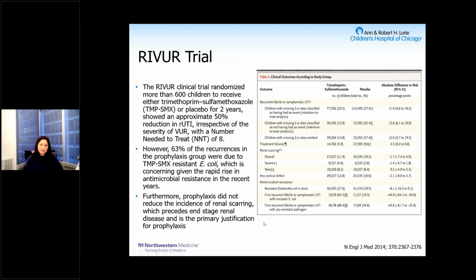And one of the key things this study did not address was the reduction in the incidence of renal scarring. Traditionally, one of the biggest arguments in favor of using prophylaxis was to prevent recurrent UTI, which may then cause renal scarring, but that was not shown in this particular study.